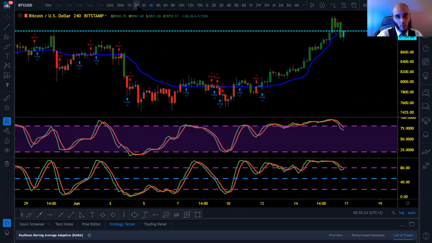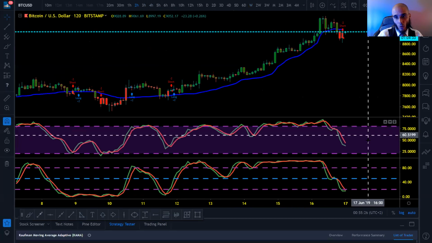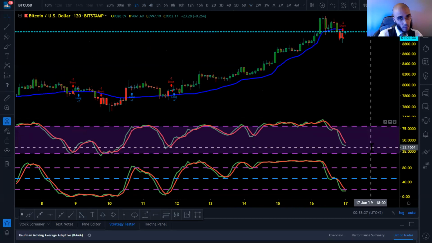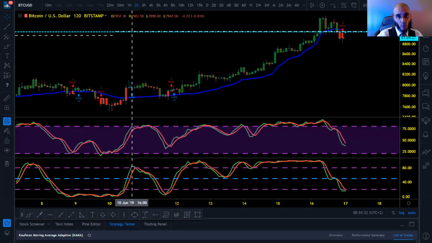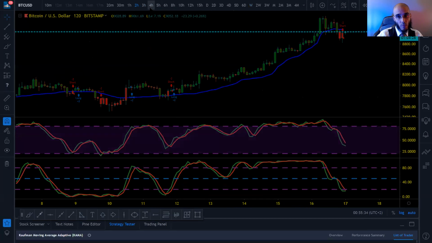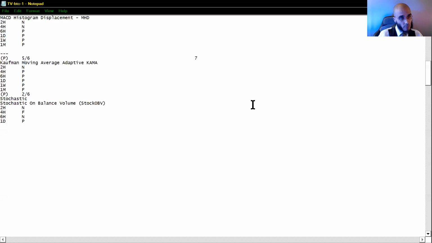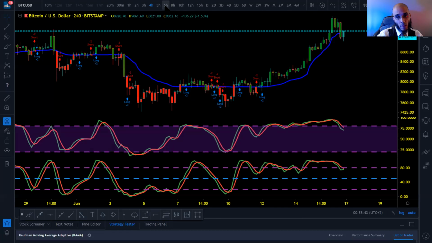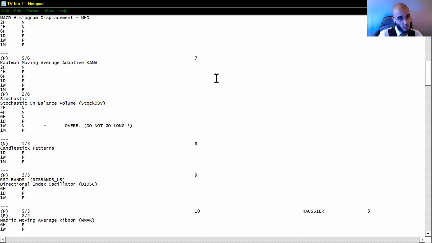Let's take a look at the stochastic. On the 2 hour, we are negative. Yesterday we were negative too, but then we still went up. 4 hour, we are negative. Yesterday we were flat. 6 hour, we are negative, pointing very hard down.